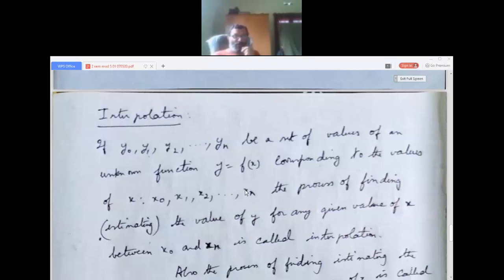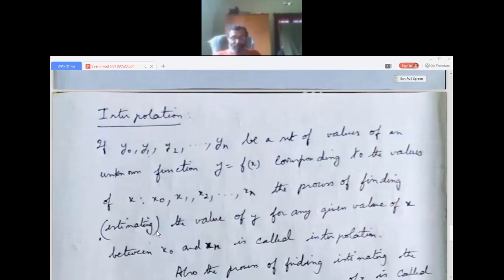The process of finding or estimating the value of y for any given value of x between x0 and xn is called interpolation.